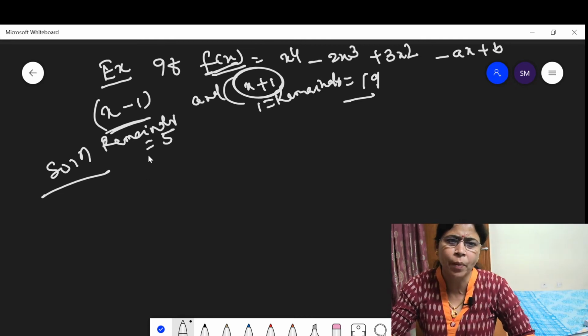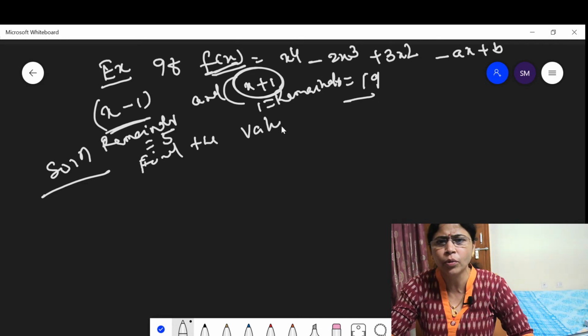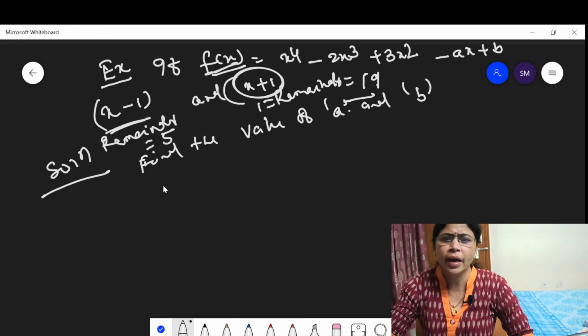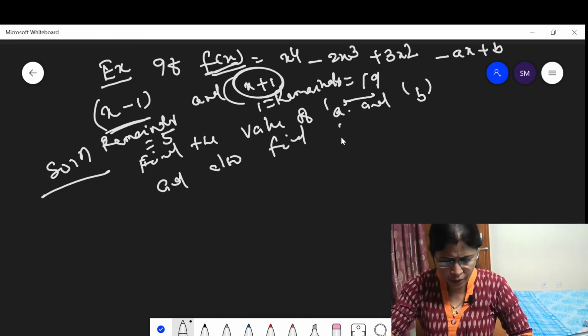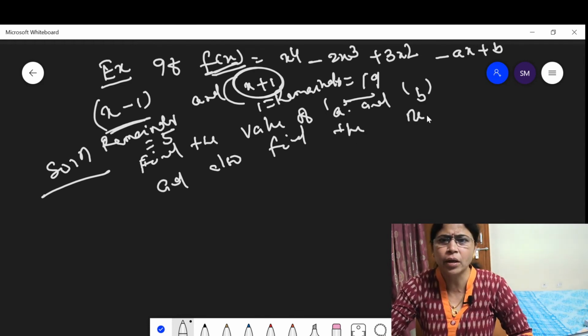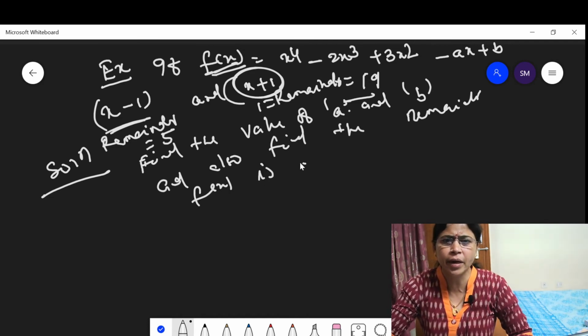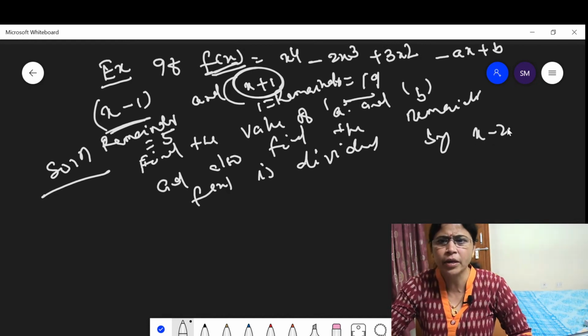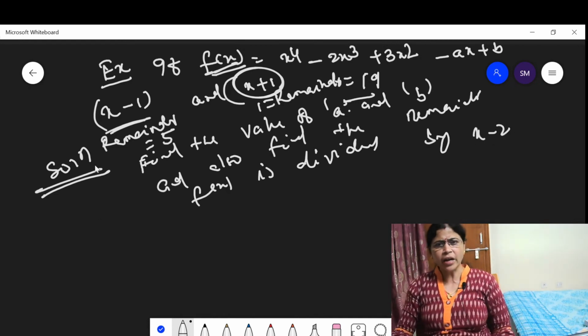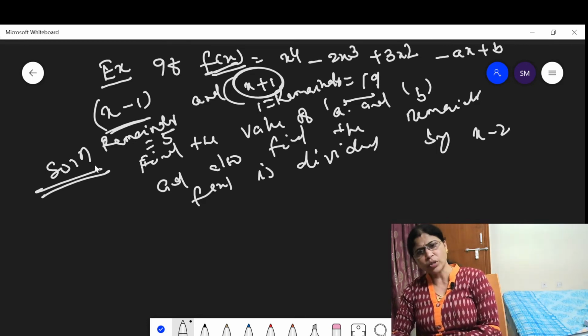At first, the question says find the value of a and b, and also find the remainder when f(x) is divided by x minus 2.